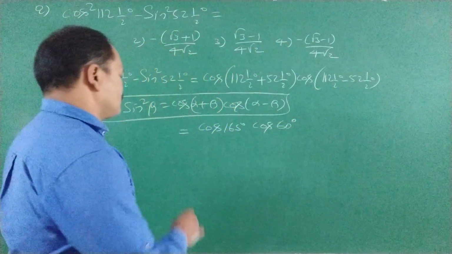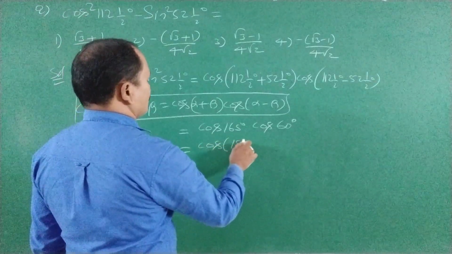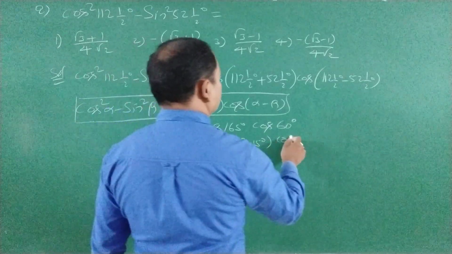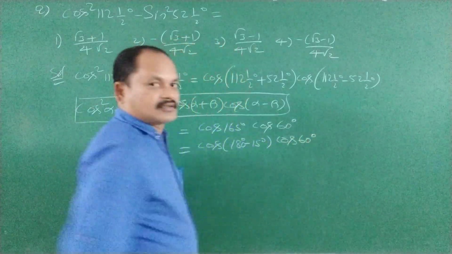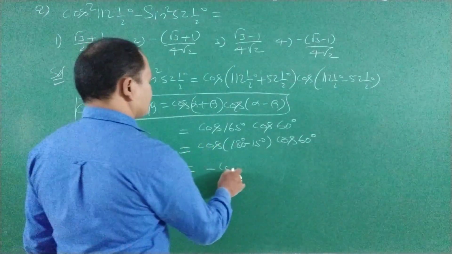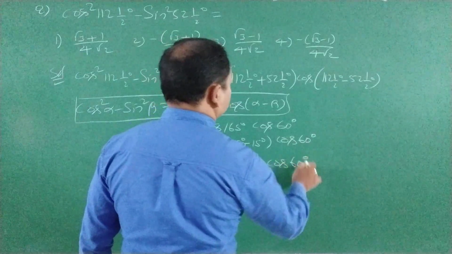So cos 165 is nothing but cos (180 minus 15) degrees into cos 60 degrees. Cos (180 minus 15) degrees is minus cos 15 degrees into cos 60 degrees.